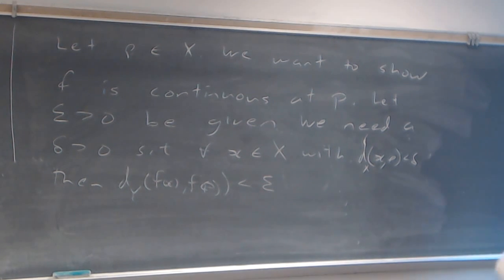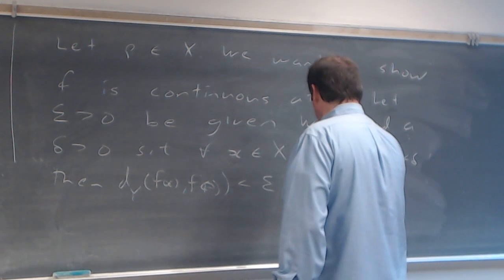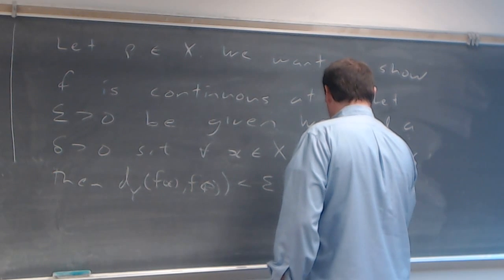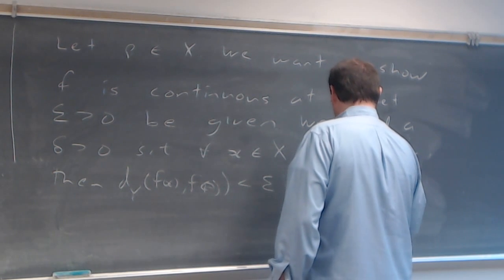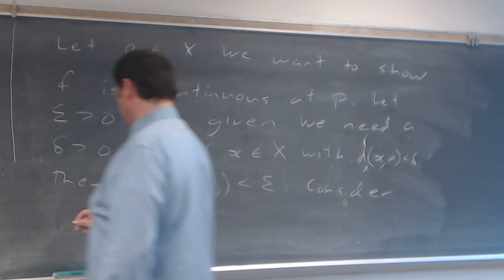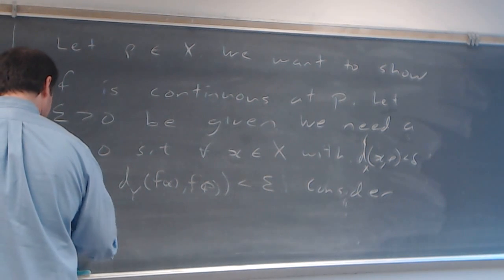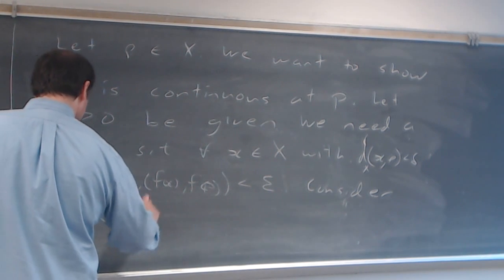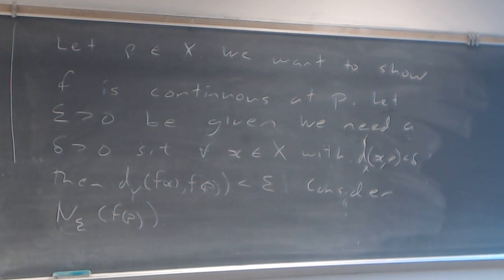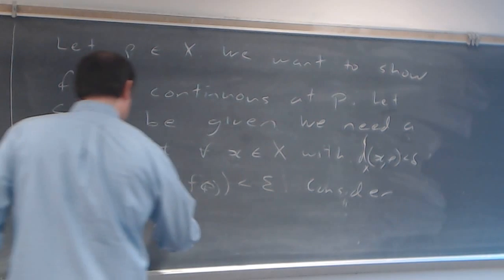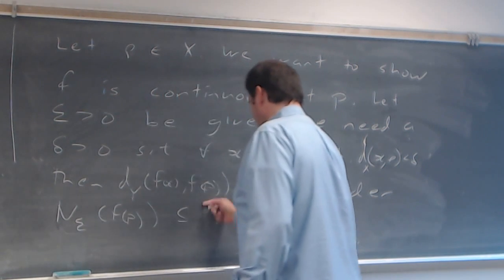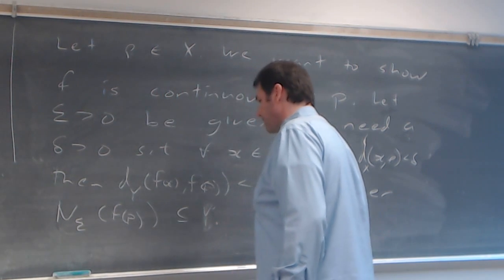Okay. Well, here's what we'll do. Consider the following set, this neighborhood of radius epsilon about f of p. So that is a set in Y. Okay.